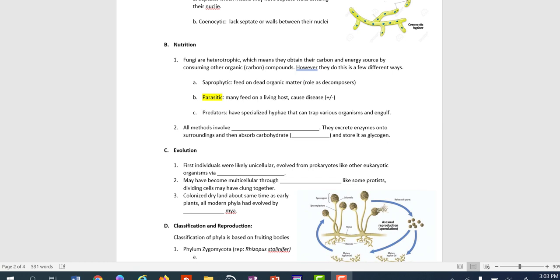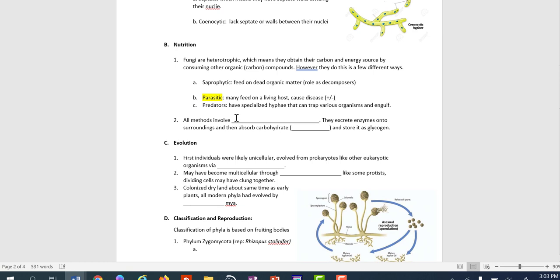All right. The one key thing about all methods, regardless, is that it involves what we call extracellular digestion. So let me just put that in here. Extracellular digestion. Essentially what they're doing is excreting enzymes.